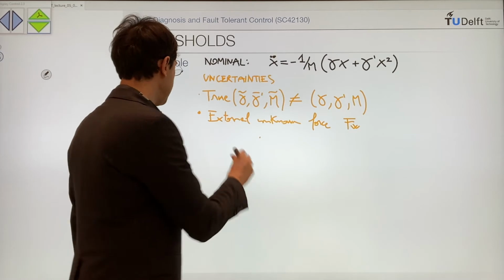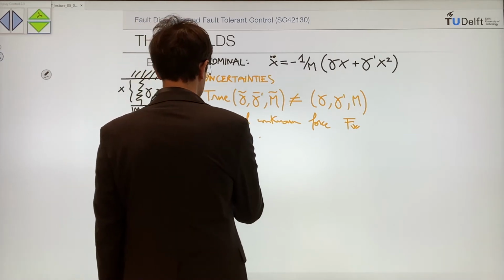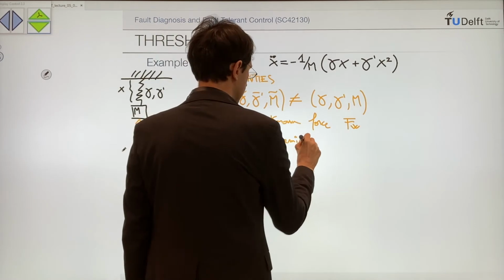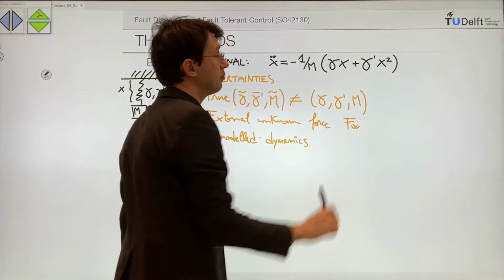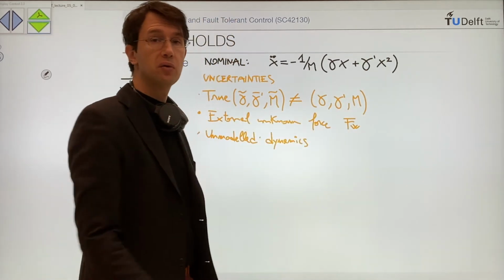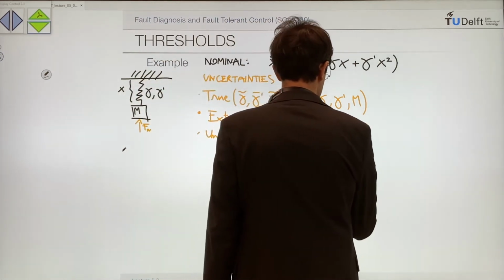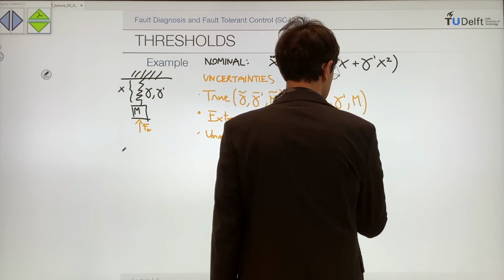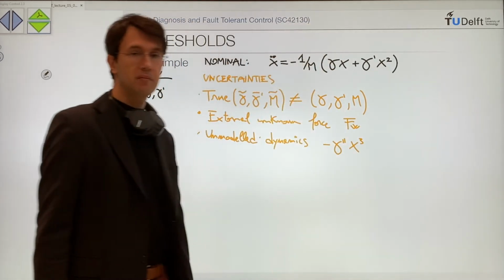And then we can have some unmodeled higher dynamics that depends on the third power of x, and we call it gamma second that multiplies x to the third power.